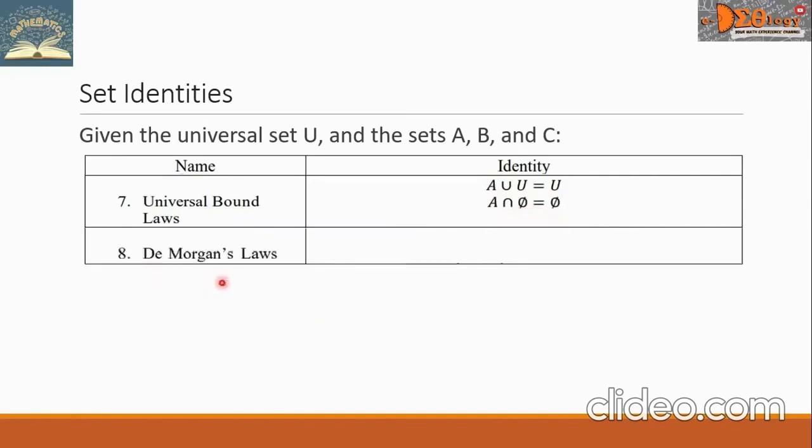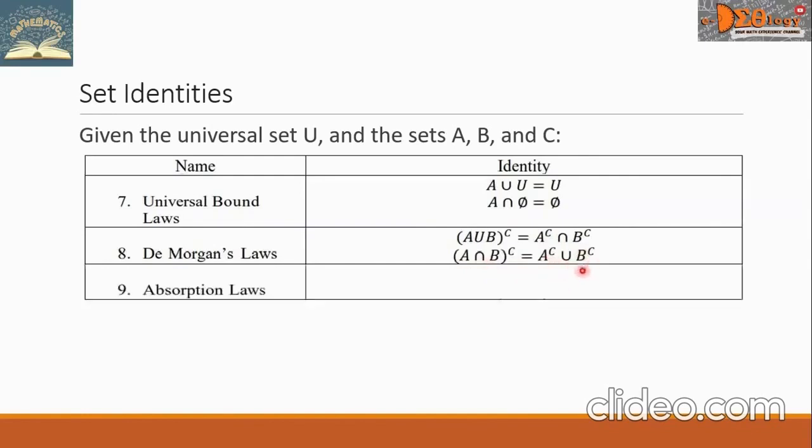Number 8 is De Morgan's law. The complement of the operation A union B equals the complement of A intersect the complement of B. The complement of the operation A intersect B equals the complement of A union the complement of B. Number 9 is absorption law.